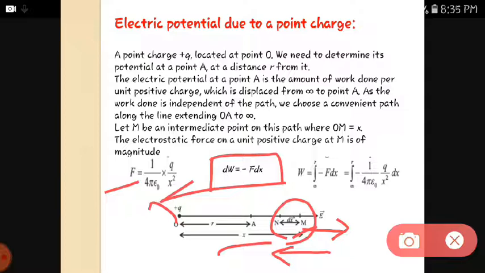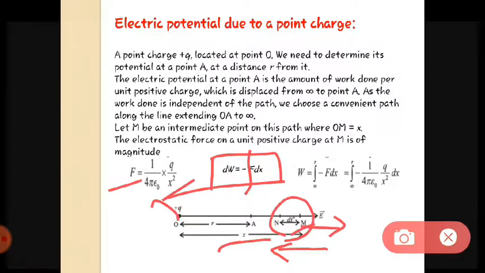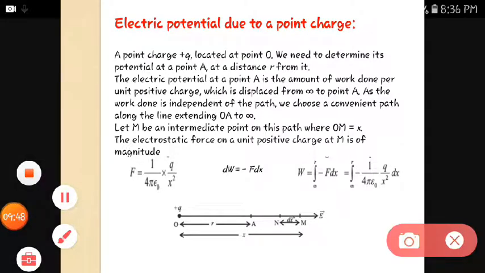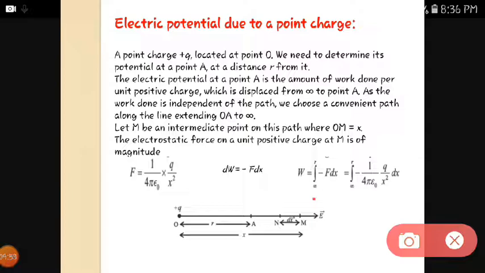So what will be the total work done in displacing the unit positive charge from infinity to point A? It should be an integration, so I am going to integrate this equation. What should be the limits? The lower limit is infinity, the upper limit is R, and F dot dx.